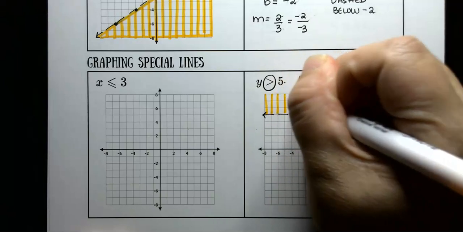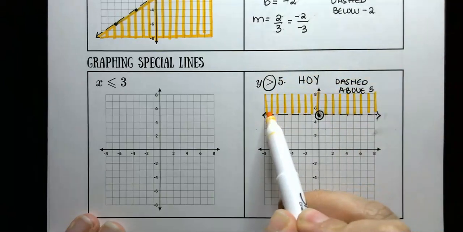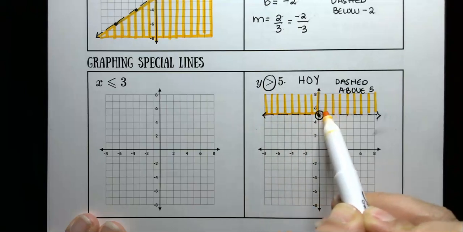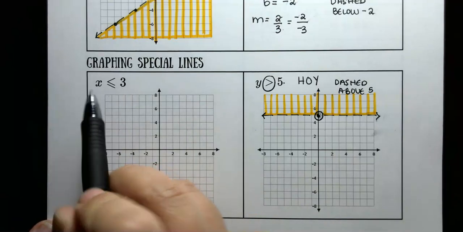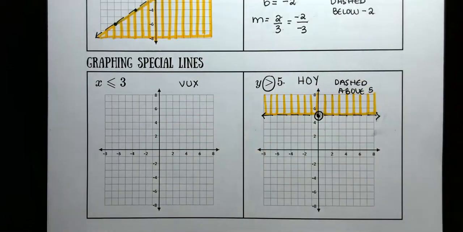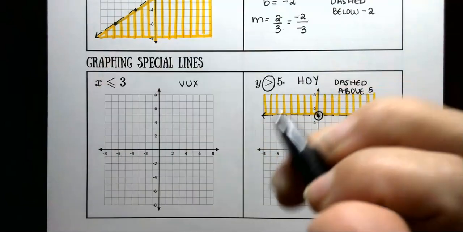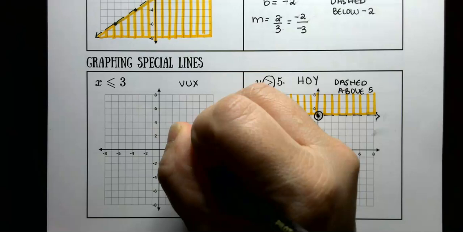The only problem that doesn't fit the same language that we have been using is going to be the vertical line in the other example. Because this one only has an x, we know we're using Vux. And the V in Vux stands for vertical line. So instead of drawing that horizontal line, we're going to draw a vertical line. So where? We're going to find positive 3 on the x-axis. So here's positive 3.